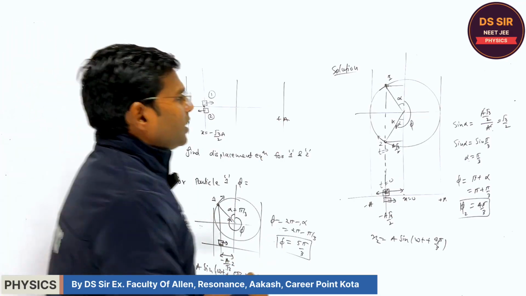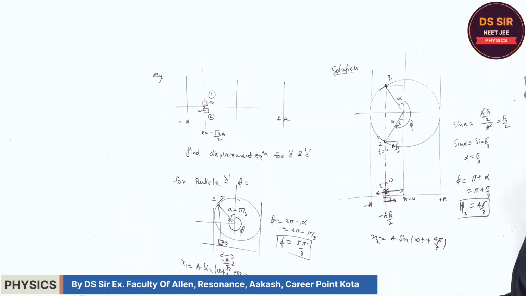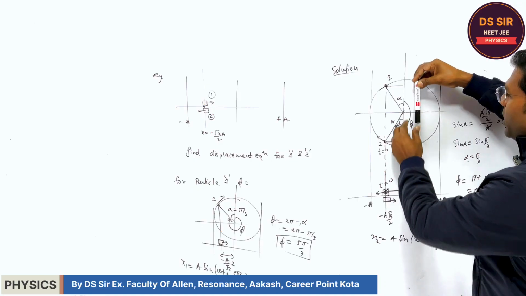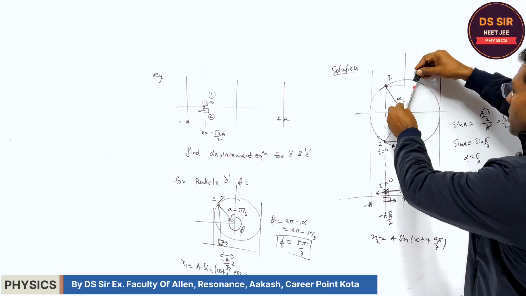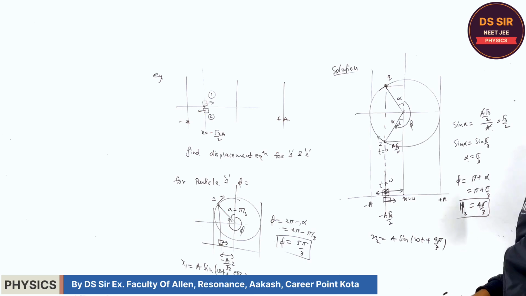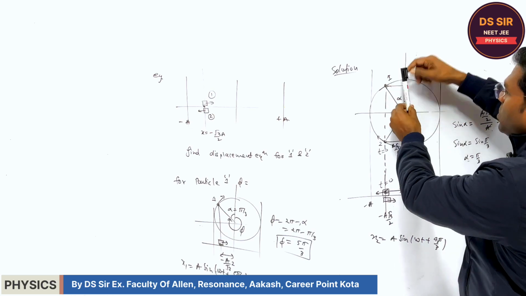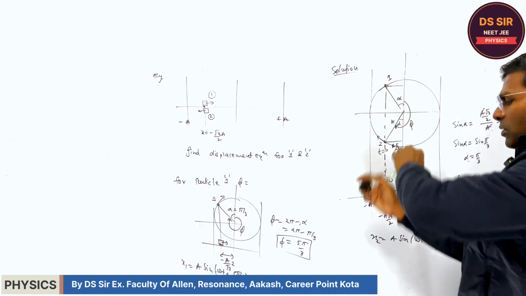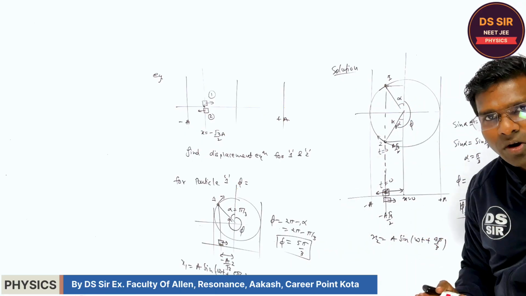One more thing. If this is one particle and this is another particle, what is the phase of this particle? The phase of this particle is 4 pi by 3, and the phase of the first particle is 5 pi by 3.